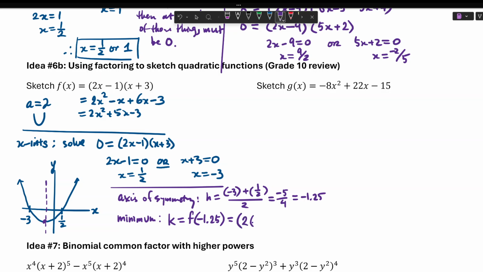Let's say you did 2 times -1.25 minus 1 times -1.25 plus 3, and you evaluate that. You're going to end up with the number -6.125. So now you know exactly where that vertex is, -1.25, -6.125.